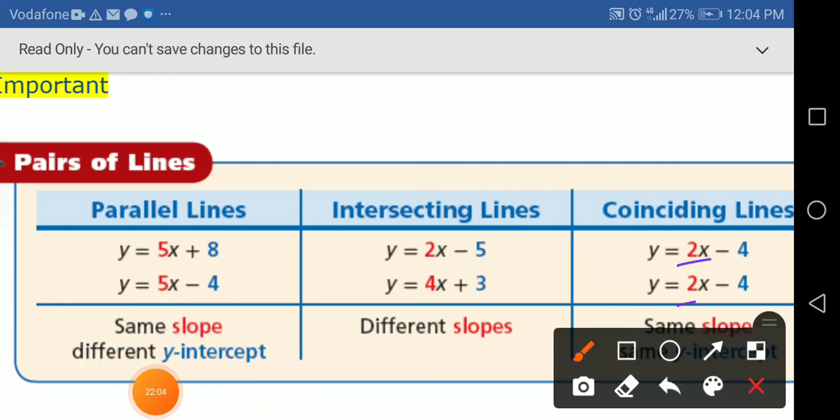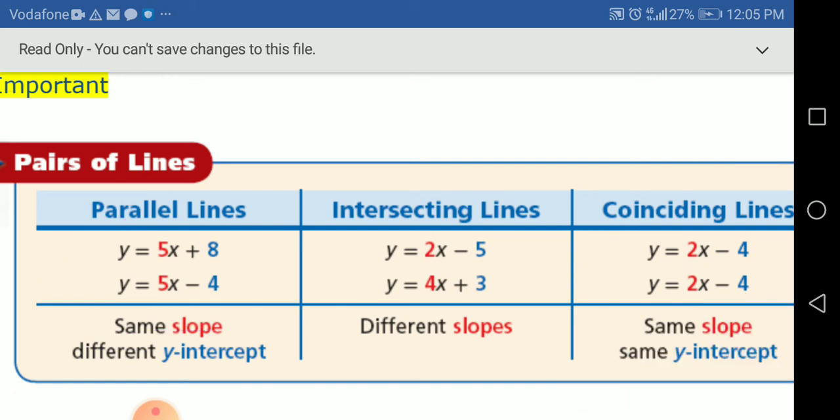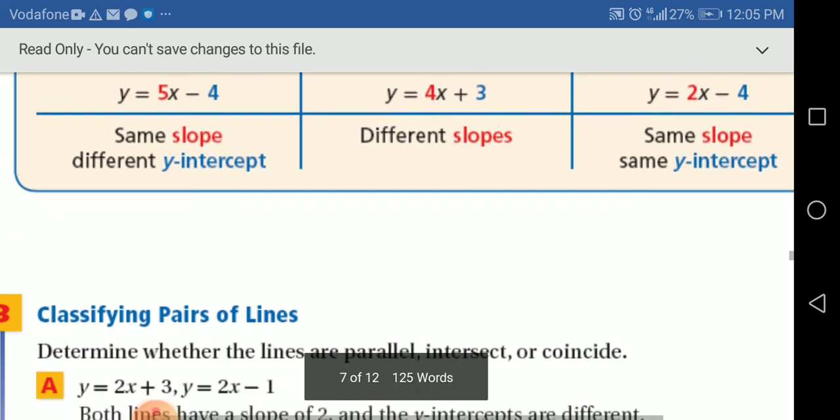They are coinciding lines. In the exam, don't just write parallel. Write what the slope is and what the y-intercept is, and tell me that's why they are parallel, intersecting, or coinciding.